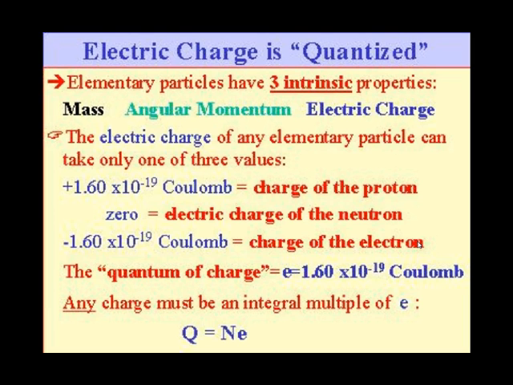And the electric charge in any elementary particle can take only one of 3 values, like the charge of proton, which is 1.6 × 10 to the power minus 19 coulomb, or electric charge of the neutron, which is 0, and electric charge of electron, which is equal to the charge of proton but with negative sign.